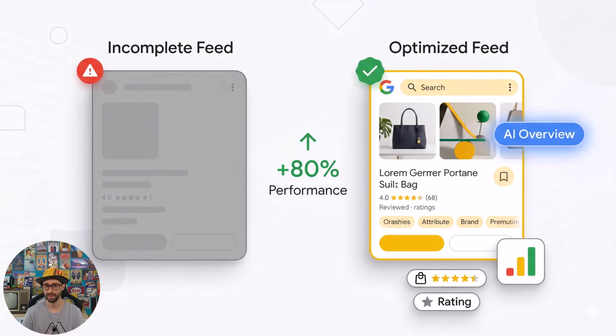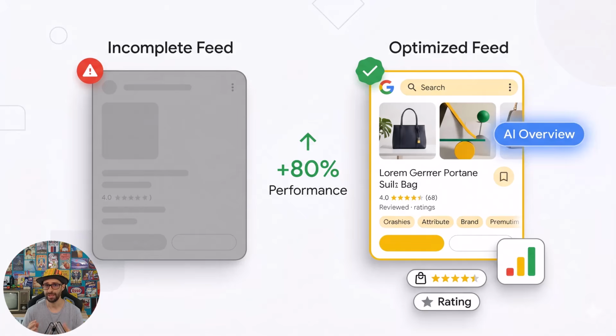Before I show you the attributes, let me give you some context, because I want you to understand why you're doing this, not just copy-paste values blindly. Google AI surfaces, AI Mode and AI Overviews, pull the product information to generate answers for shoppers. The quality of the data you submit directly affects whether your products show up in those answers and how well they're represented.